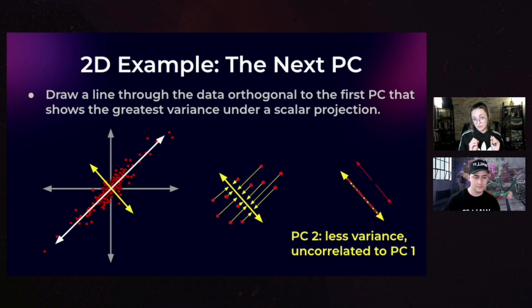Does that make sense? Makes sense. The 2D case is very easy. In the 2D case, you just find the perpendicular line. When you're dealing with a 3D, a 4D, a 5D, whatever case, there's more mechanics around how you actually find this line. But in the 2D case, it's pretty straightforward. You just find the perpendicular line, you project the data onto that second line, and boom, you have your second principal component.